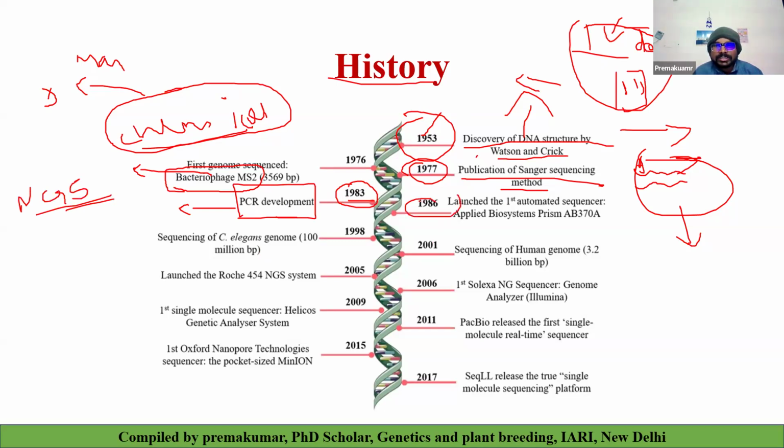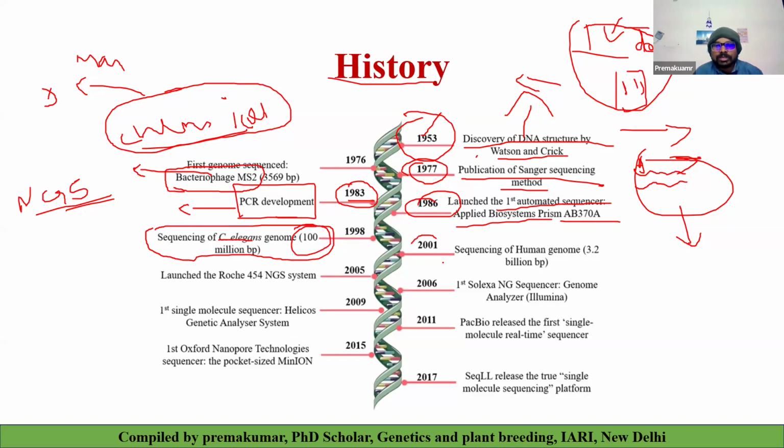Then in 1986, the first automated sequencer by Applied Biosystems, called AB370A. After the automation of Sanger sequencing, one of the model organisms was sequenced, C. elegans, having a 100 million base pair genome.